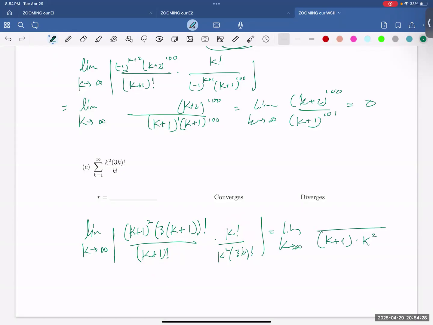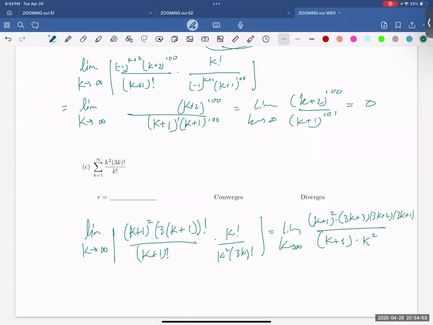And then k plus 1. Okay, the 3k plus 1 factorial is 3k plus 3 factorial. And then with the 3k, that'll leave us with 3 extra terms in the numerator: 3k plus 3, 3k plus 2, 3k plus 1.